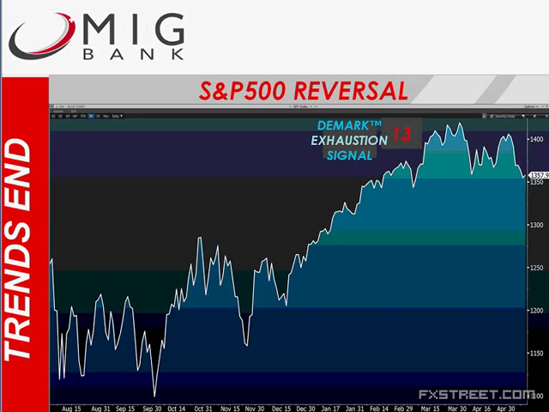And a few weeks ago, we did get one of the last DeMark exhaustion signals, exhibited by the red number 13 there, which appeared just at the peak, the most recent major peak on the S&P 500.